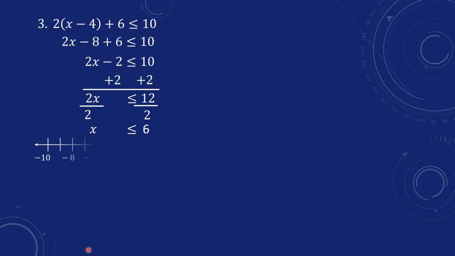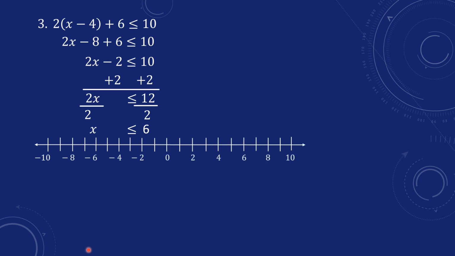Let us graph this on the number line. We are going to draw a closed circle at 6, and then shade this part of the number line to the left of 6 going to negative infinity.